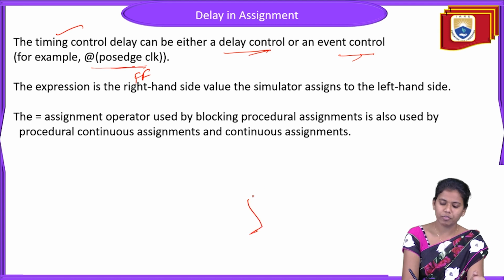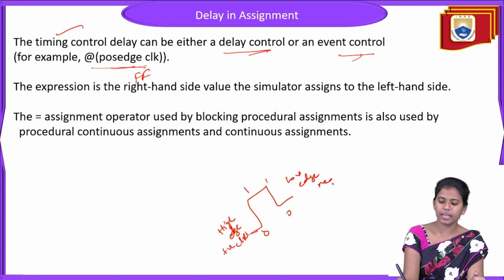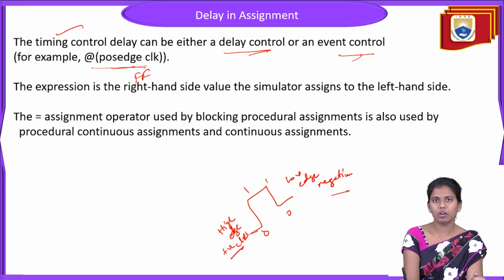So for flip-flops, when we go from 0 to 1, it is a high edge clock, a positive clock. Whereas from high to low, this is a low edge clock, that is a negative clock. This is a positive clock and this is a negative clock.